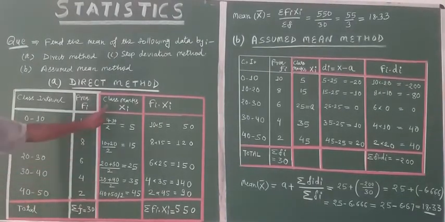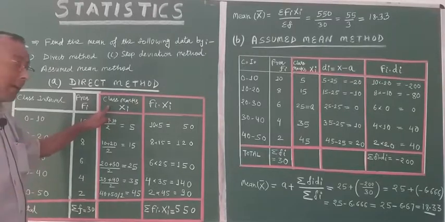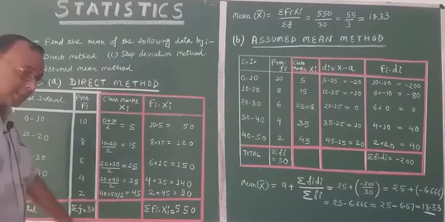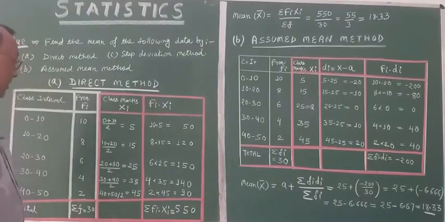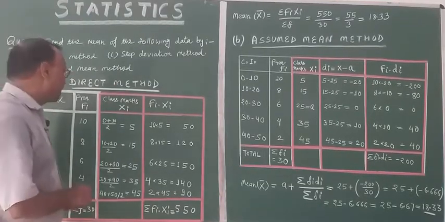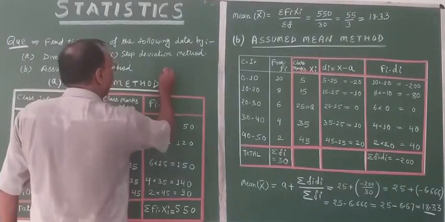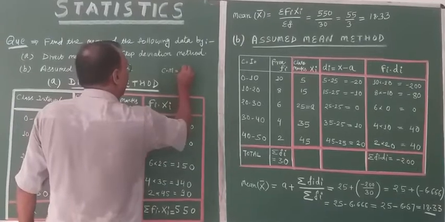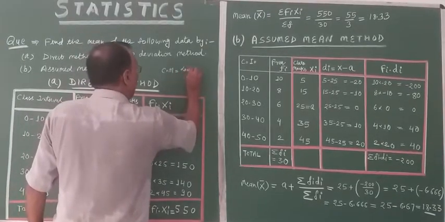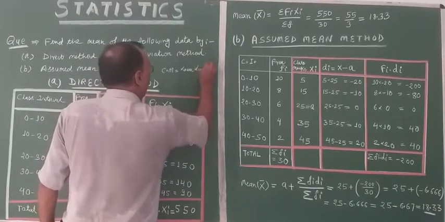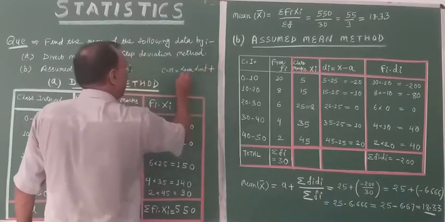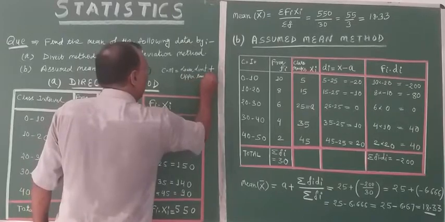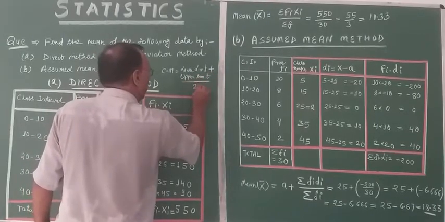Now in the next column that I have newly made, you will write class marks. What is class marks? Class marks is given by lower limit plus upper limit upon 2.